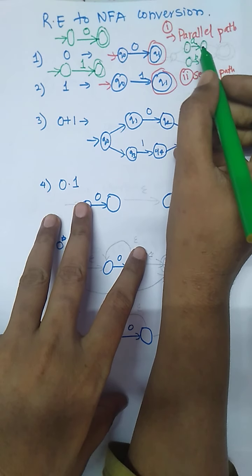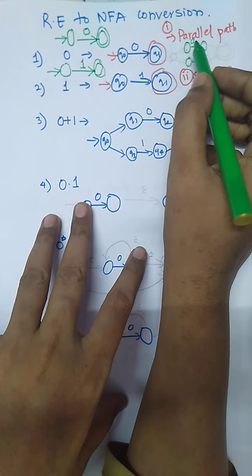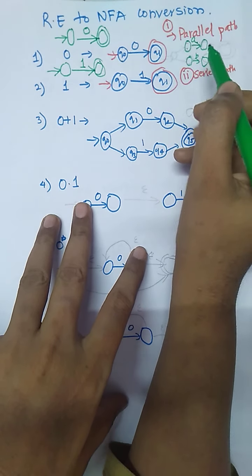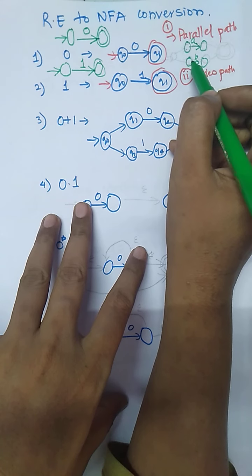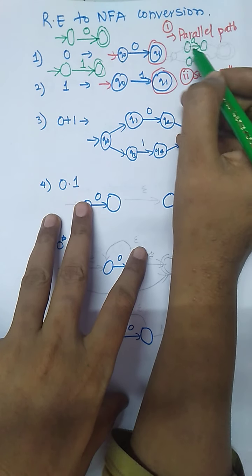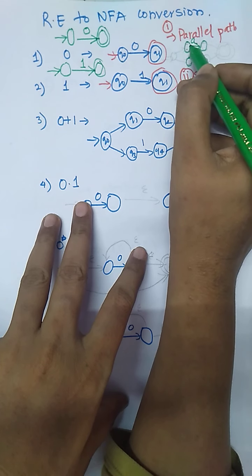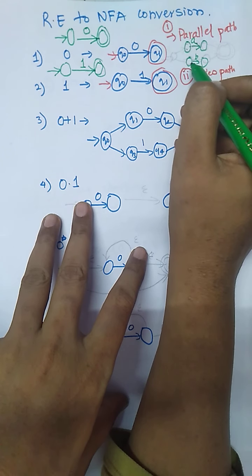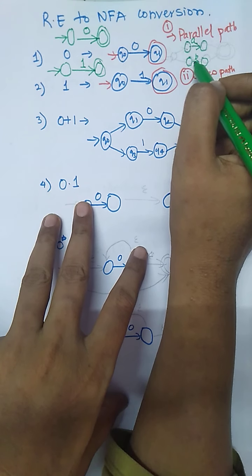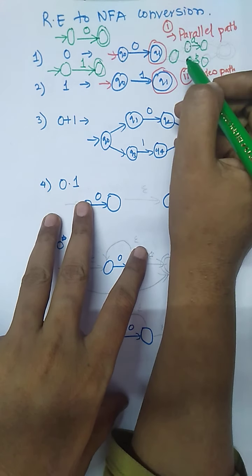Now we want to read either A or B, either this part or that part. For that we have two parallel paths, but they should have some initial state. If this is the initial state for A and this is the initial state for B, but we want either this one or that one, that means we should have a common initial state.